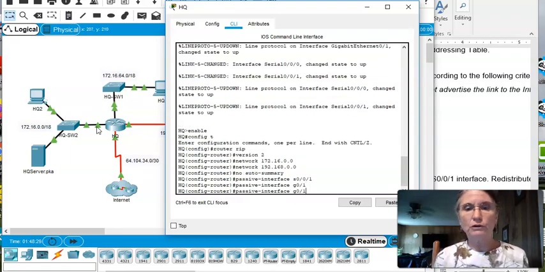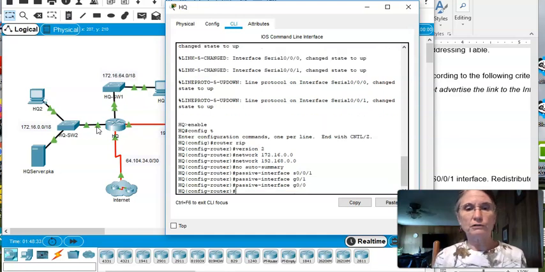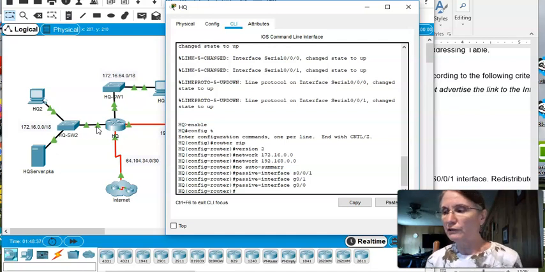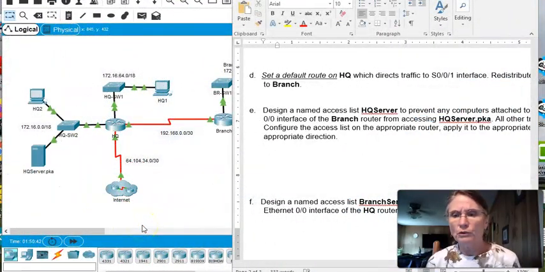And we also want the G0/0 interface to be a passive interface as well. You will need to configure the branch router appropriately to complete the requirements in this lab.